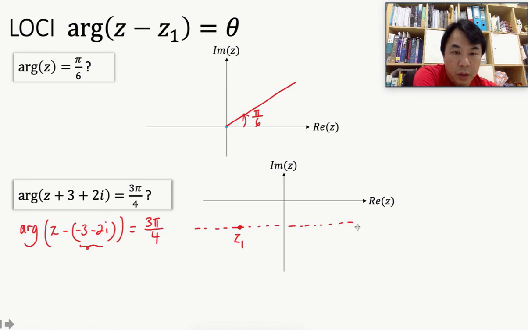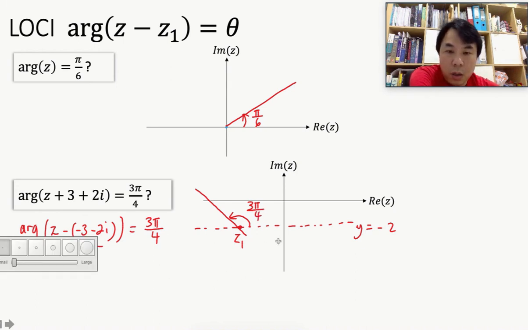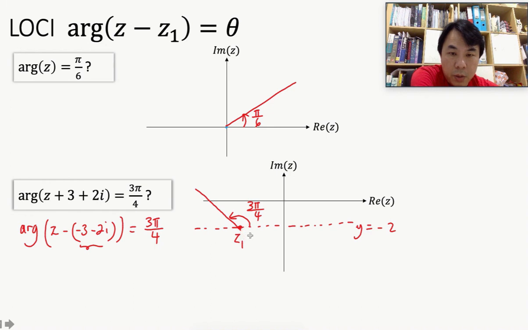That is actually y equal to -2 here, and then that will be somewhere here, and then the angle will be 3 pi over 4 here. Okay, now bear in mind it does not go exceeding this point here.